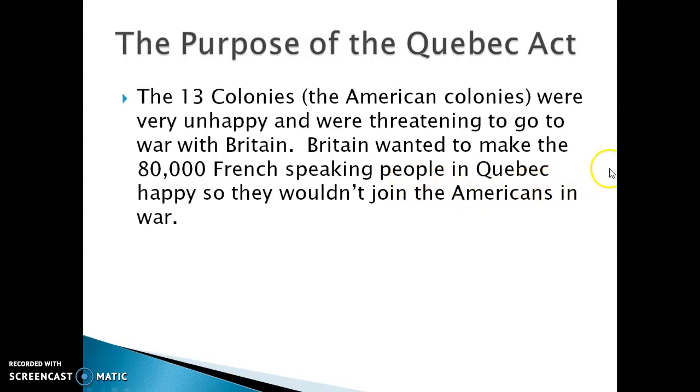As it happens, in 1775, the Americans did go to Quebec and did ask them if they wanted to join, but because of the Quebec Act, the people of French-speaking Canada said no thank you.